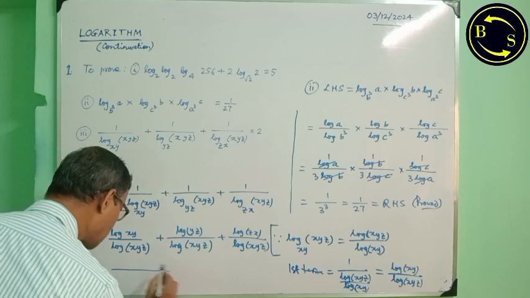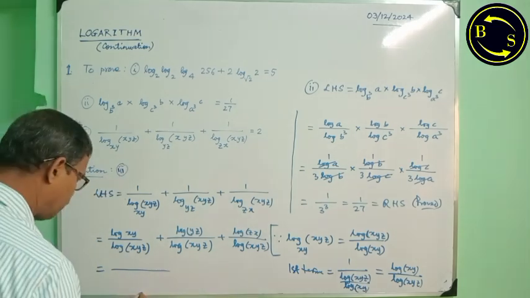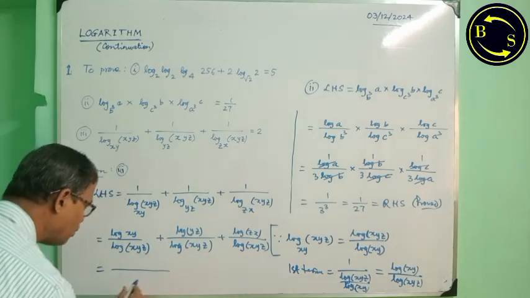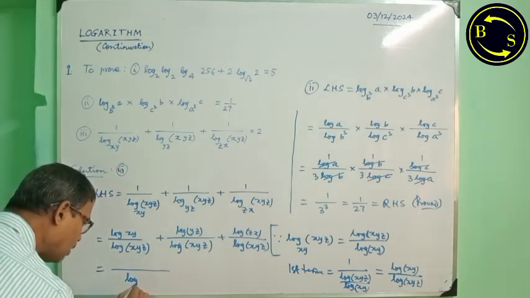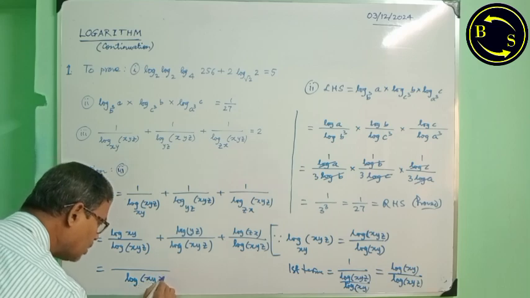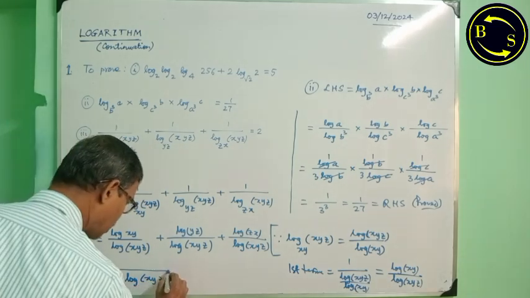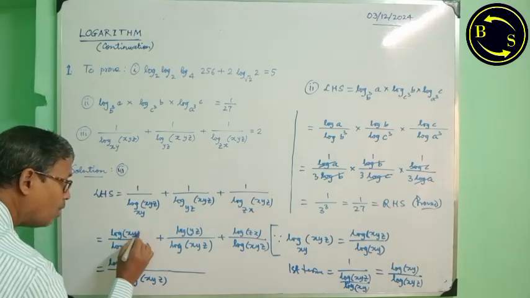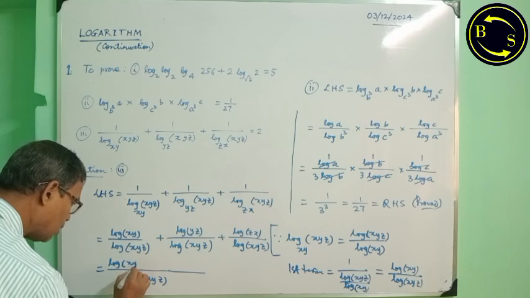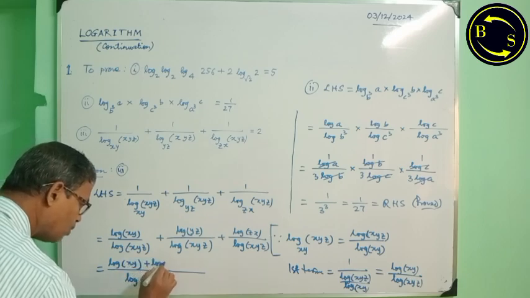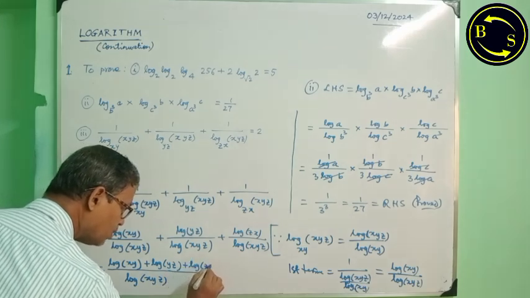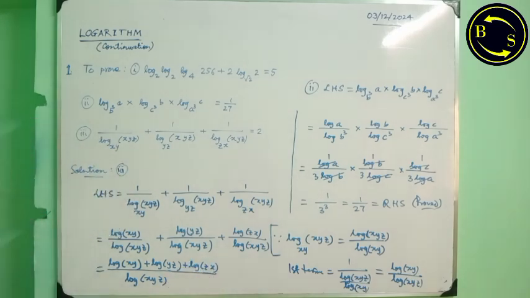Therefore, addition as per the law of addition of fractions: the LCM of the denominators here will be log of xyz, and the numerator will be log of xy plus log of yz plus log of zx.